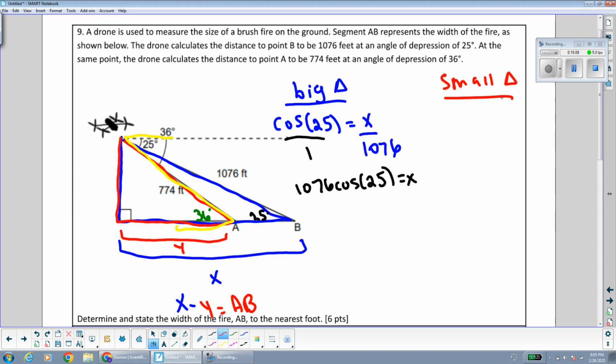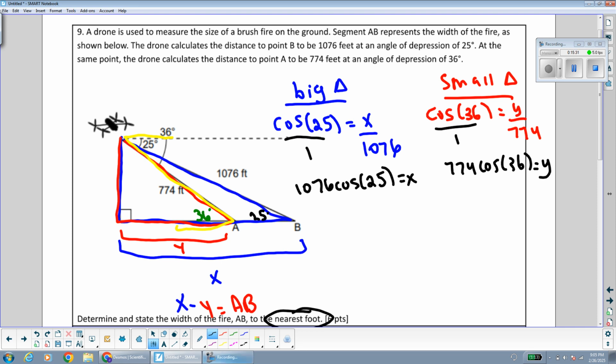Now for the small triangle, we're looking for adjacent. We have hypotenuse, cosine. And now we subtract. And just make sure you round according to the question. It says nearest foot.